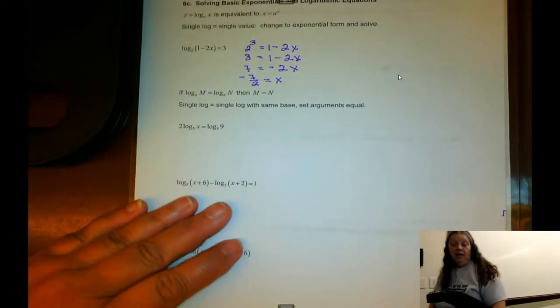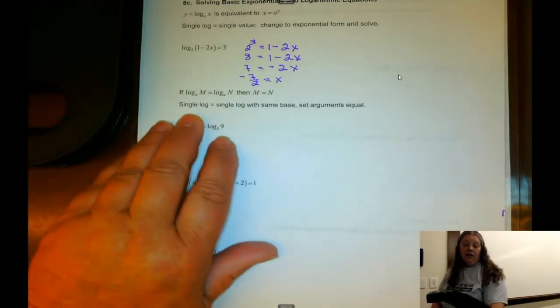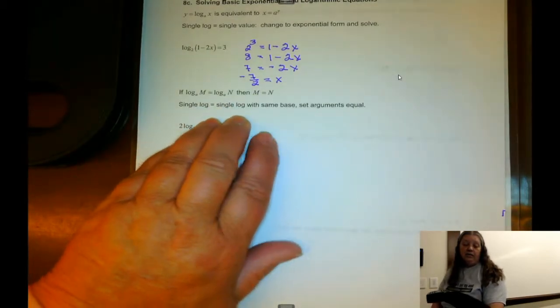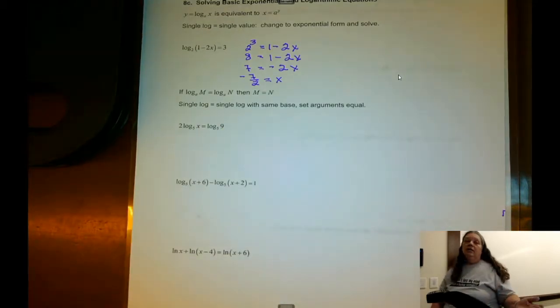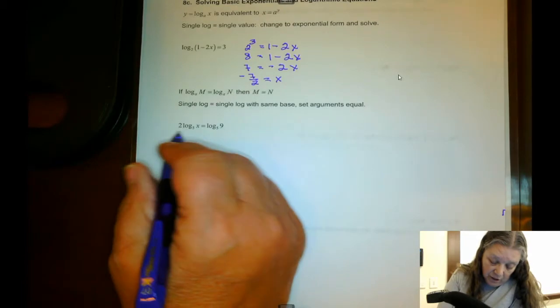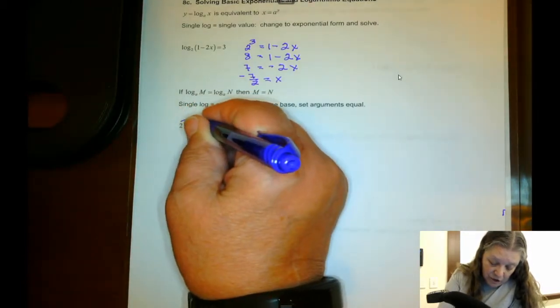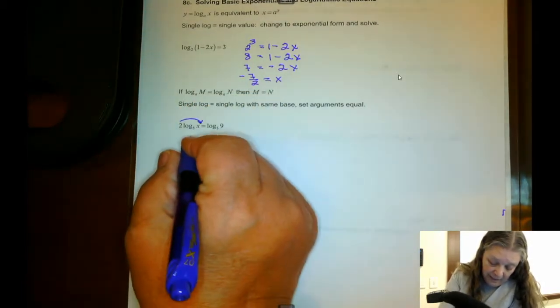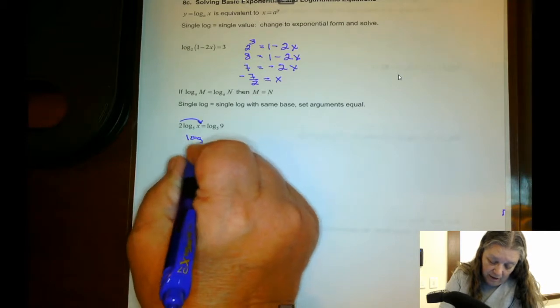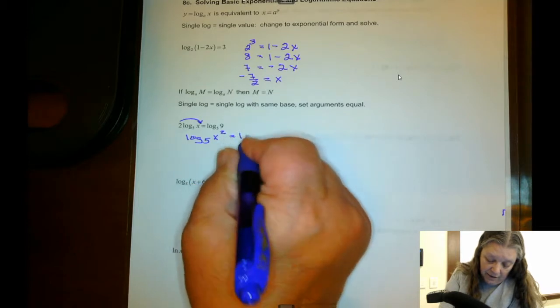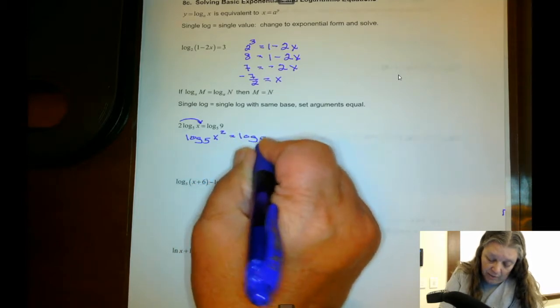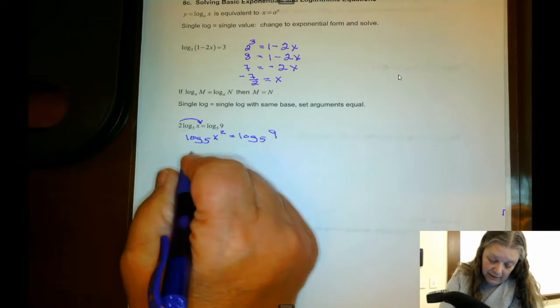Now, another special case is if you have a single log equal to a single log with the same base, you're setting the arguments equal. This is like the exponents we had. If you had the same base, you set the exponents equal. Well, first we need to bring that 2 up. So we have log base 5 of x squared equals log base 5 of 9.